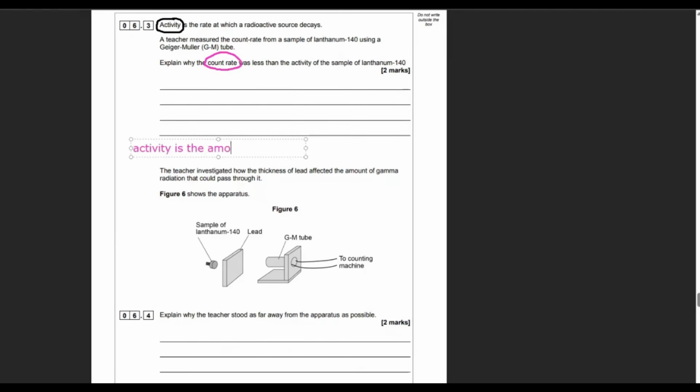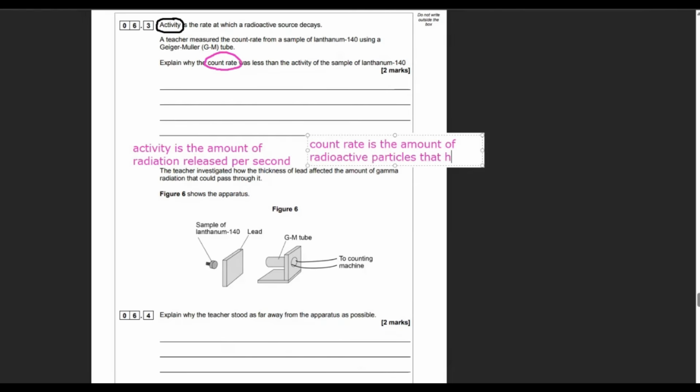Activity is the amount of radiation released per second from an isotope that's decaying, whereas the count rate is the amount of radioactive particles that hit the detector every second.